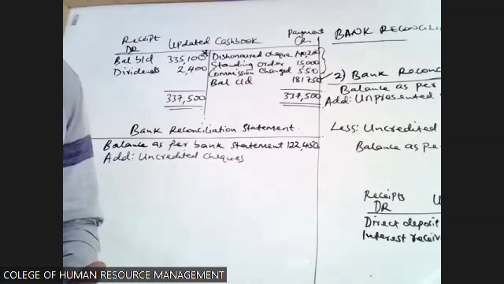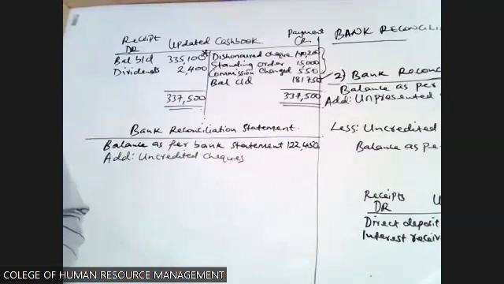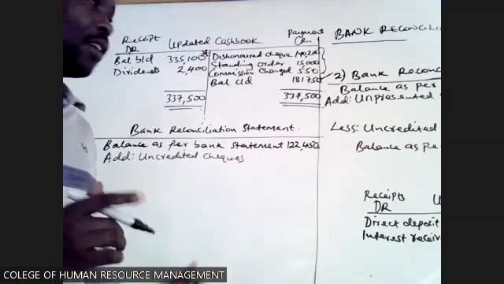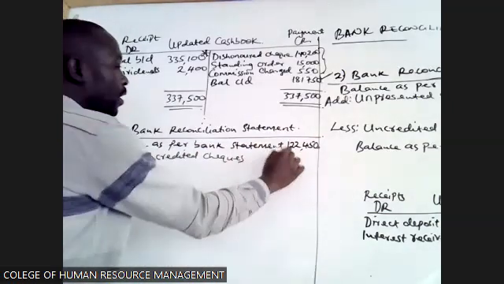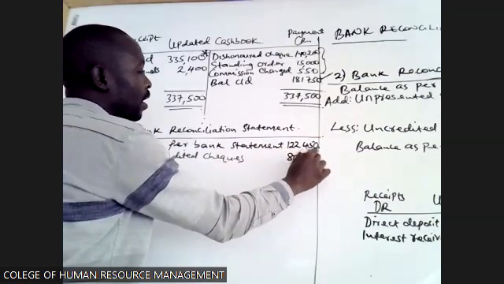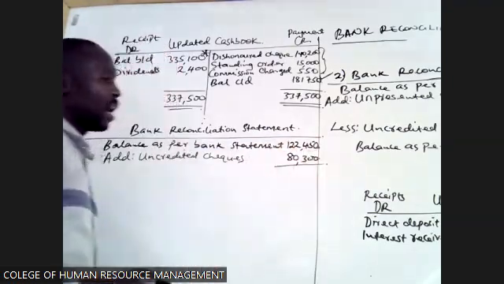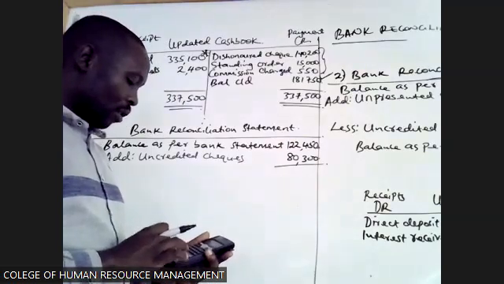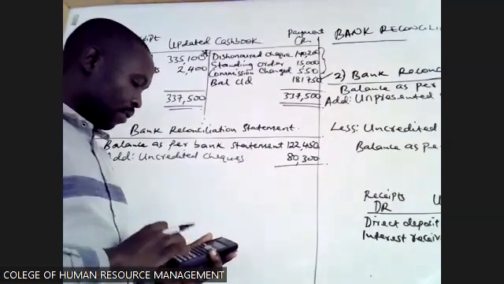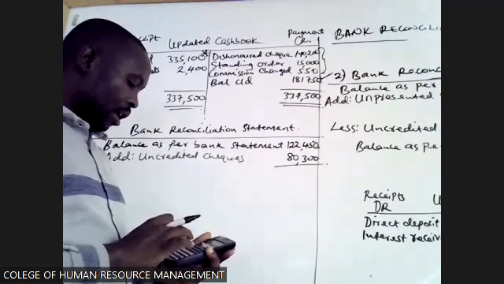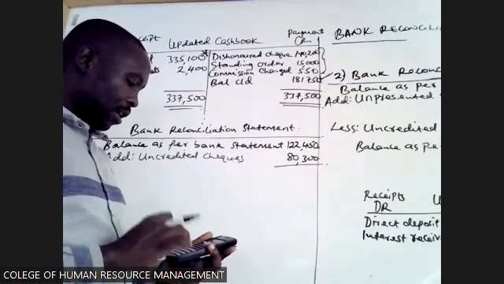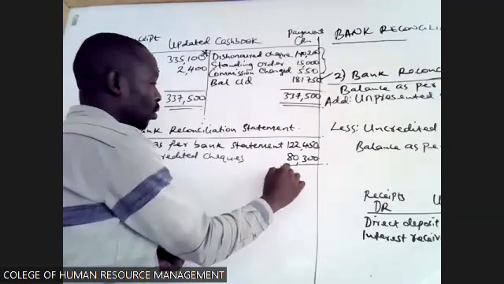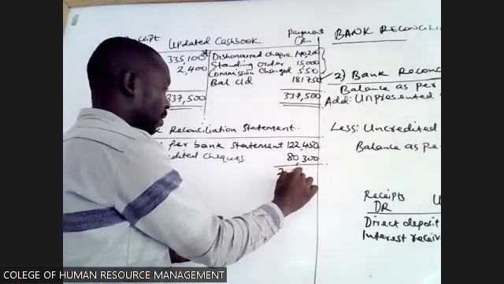You can add the two figures, 10,000 and 7,300. It is going to be 17,300. So it is 122,450 plus 17,300, giving us 139,750.